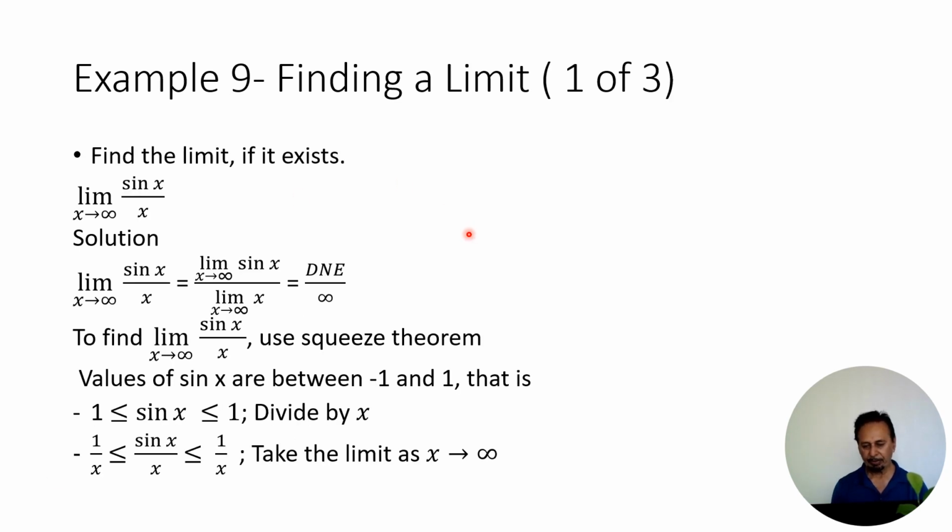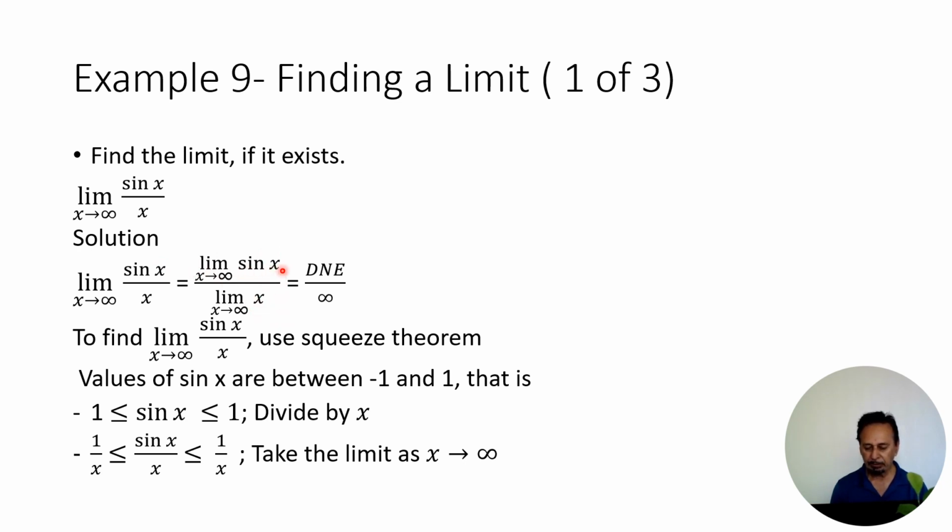Example 9. We're going to find the limit, if it exists, as x approaches infinity of sine x over x. We can substitute, or use the fact that the limit of the fraction is the limit of the numerator over the limit of the denominator.